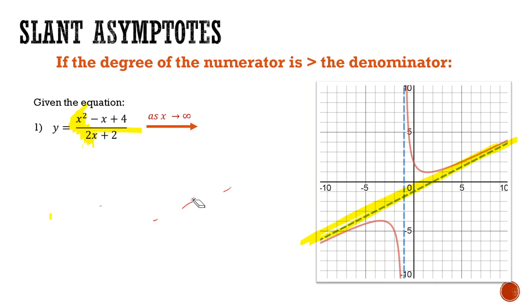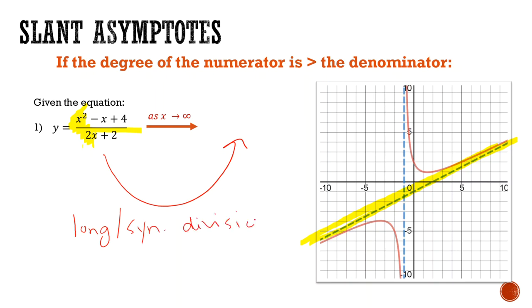I'm not going to, in this video, go through long division, but from here to here, you can use long or synthetic division to end up getting the equation 1/2 x minus 1. And when you graph it, you get that this asymptote here is y equal to 1/2 x minus 1.